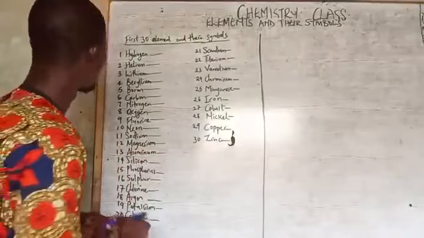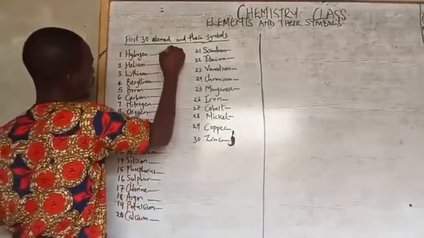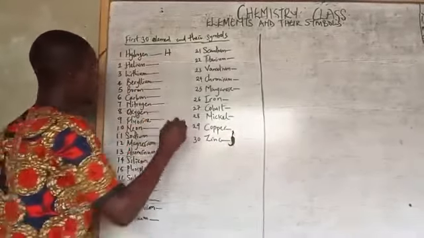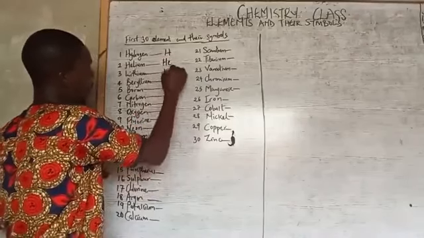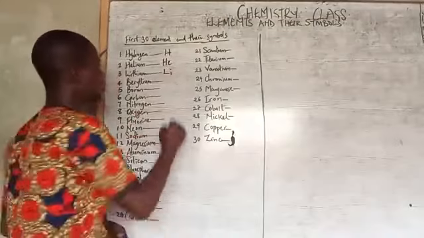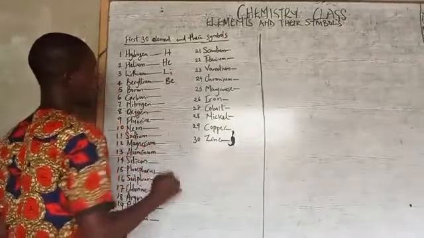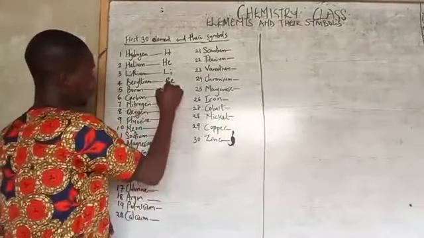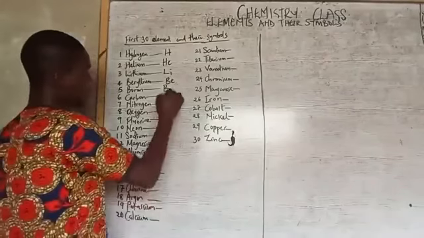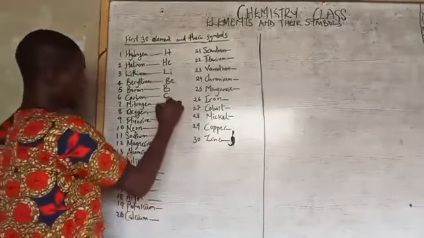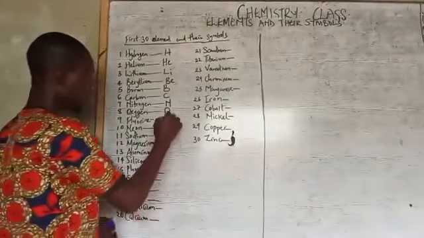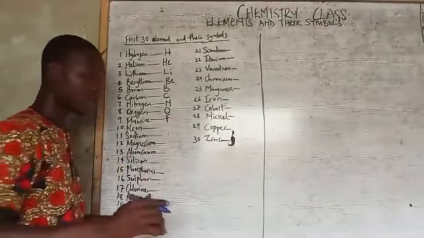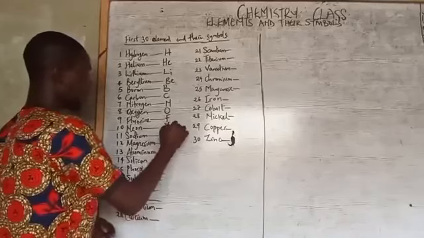Let's see. Hydrogen is H. Helium is He. Lithium is Li. Beryllium is Be. Boron is B. Carbon C. Nitrogen N. Oxygen O. Fluorine F. Neon Ne.